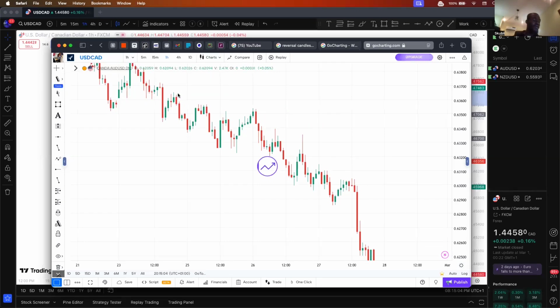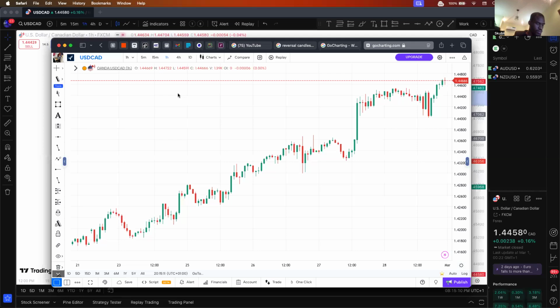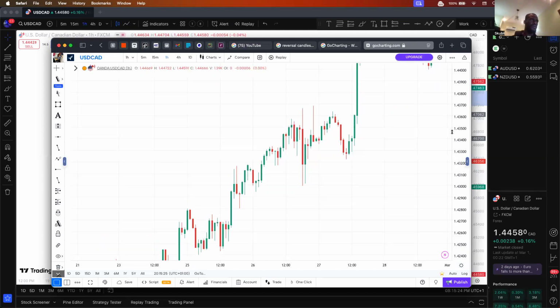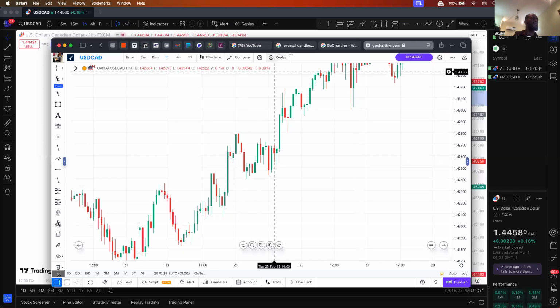All in all, last week was actually good. So, here was that buy level. There was this place here that we got a very nice buy. Somewhere here.